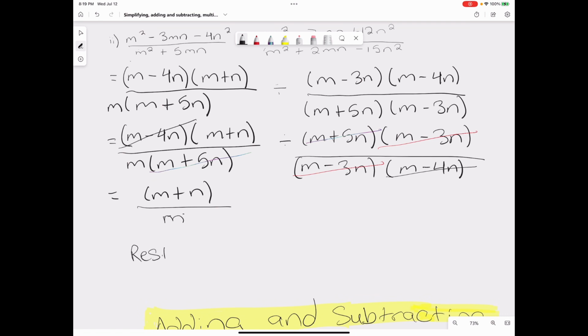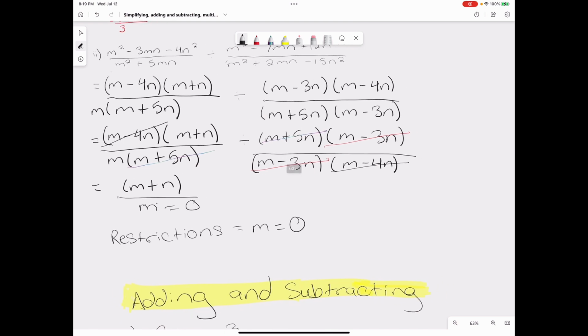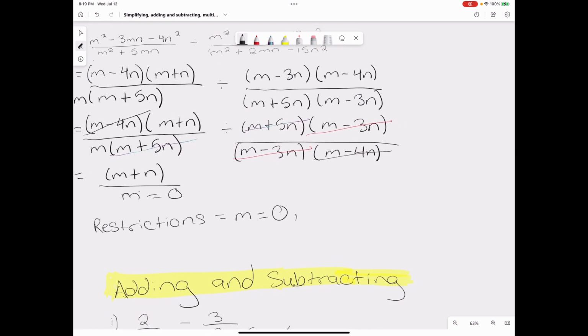And then our restrictions is that m cannot equal to 0, because if this equals 0, then again it would be undefined. But then we have to look at these places right here, where if m equals 0 here, then we're still going to have the 3n. So it's not necessarily that it can't equal to 0. There are other options.